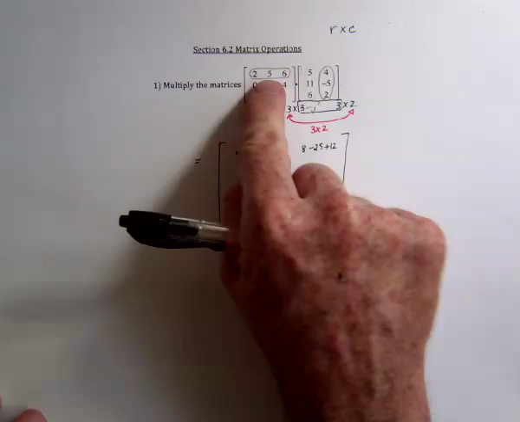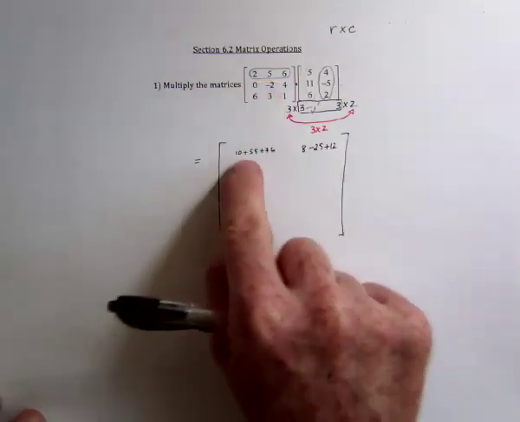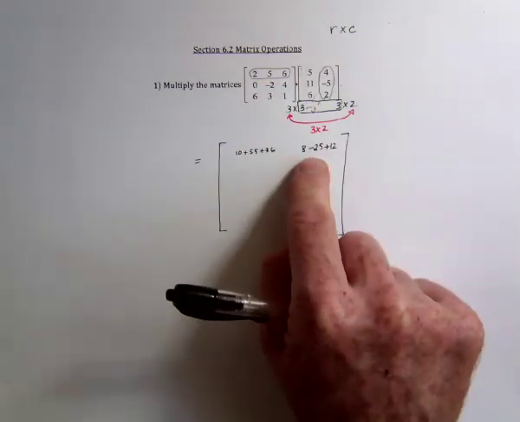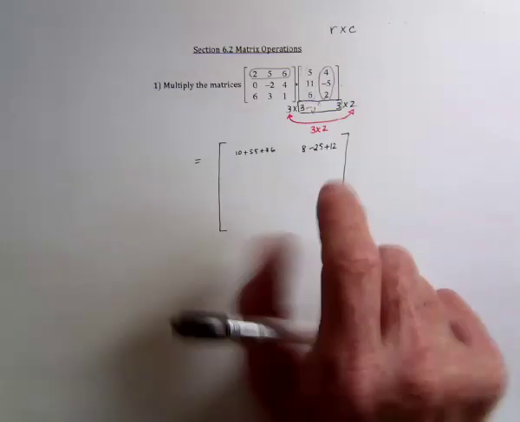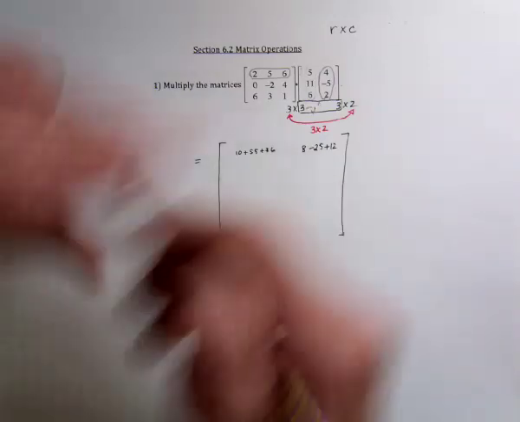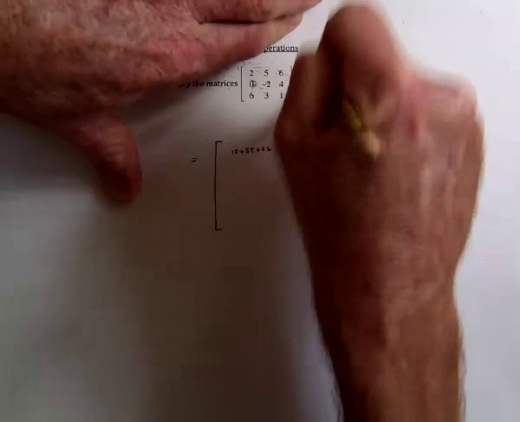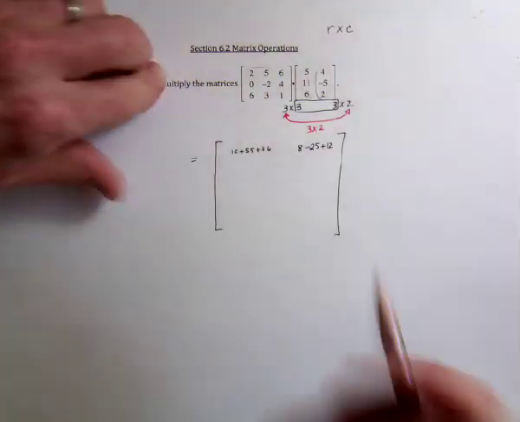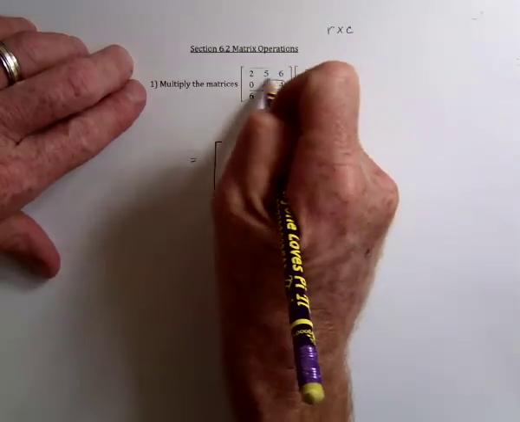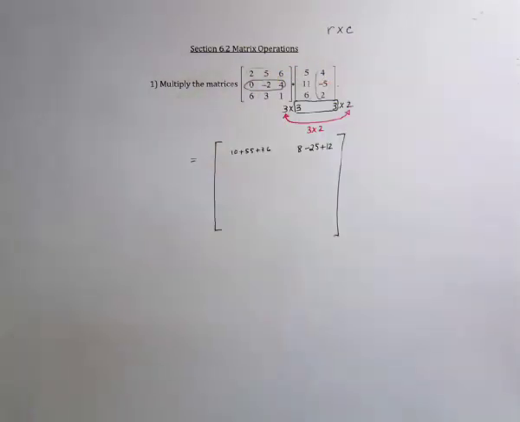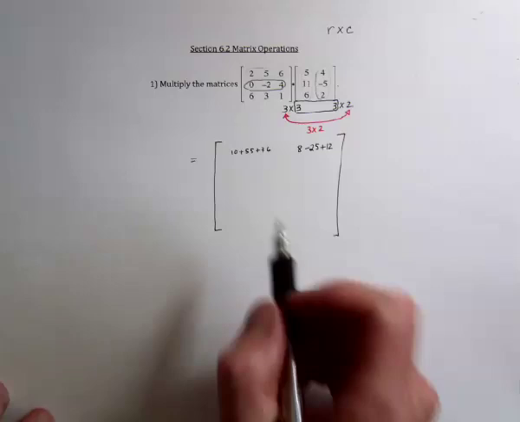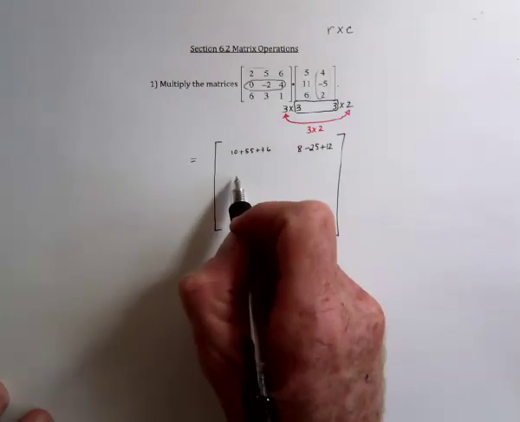Alright, so using the first row over here gave us the first row of our answer. Now move to the second row and use the second row to get the second row of the result.